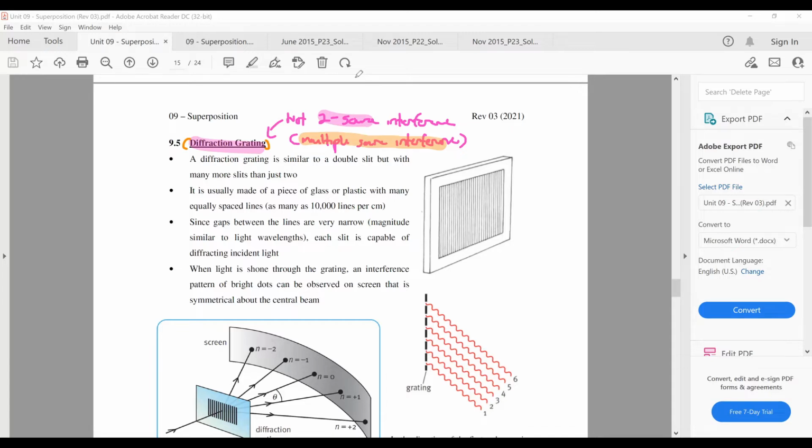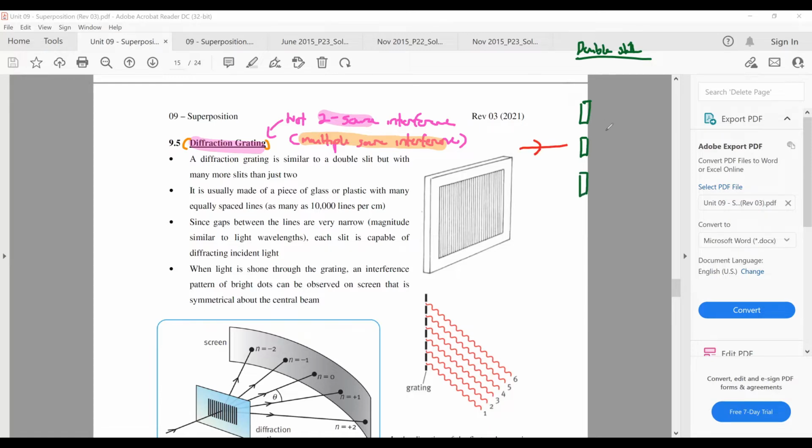All right. So what we'll say here is this. If you remember that under the double slit experiment, I'm just going to draw it here. You had two slits, a double slit.